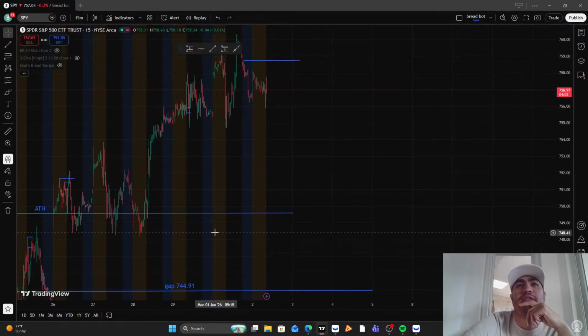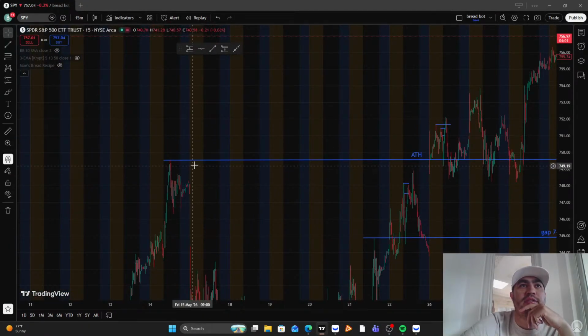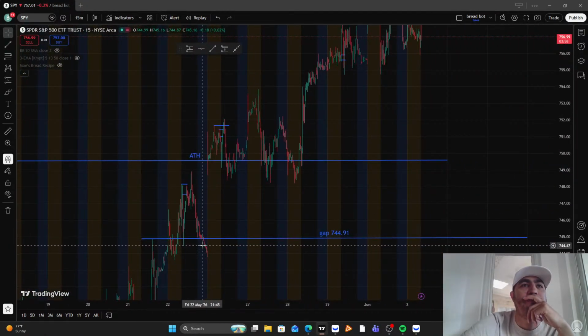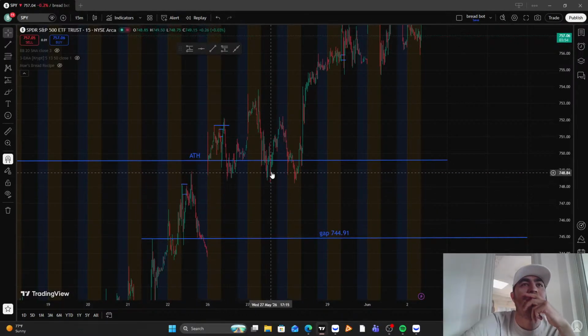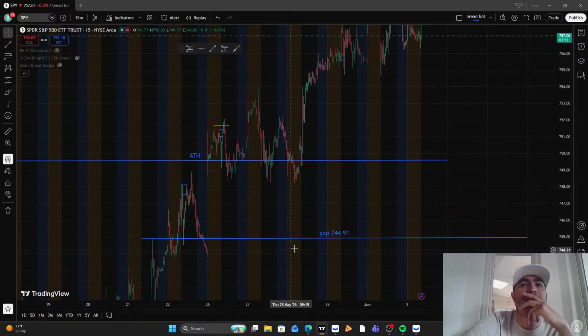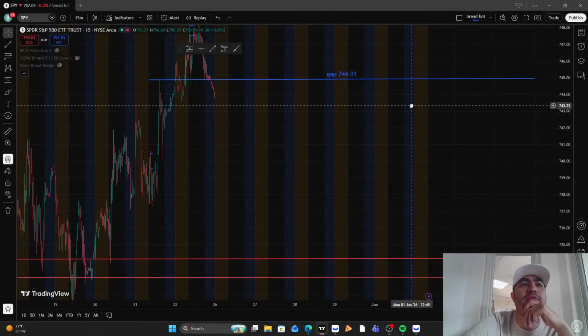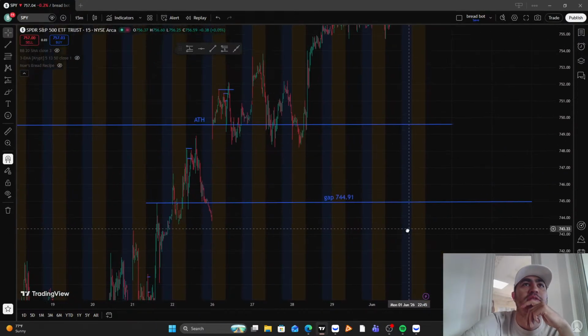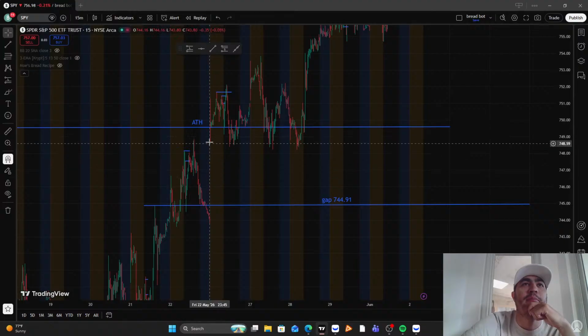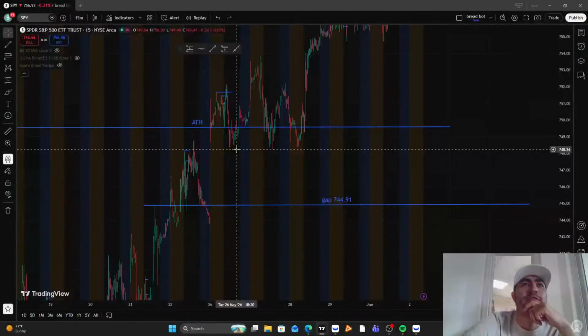All-time high. That's all that was. Gap fill, which still needs to fill 744, which is a big gap right here. Partial fillment.